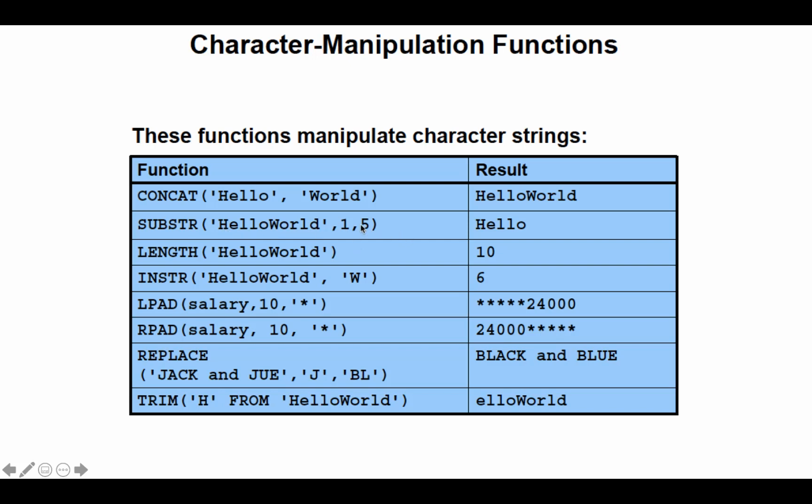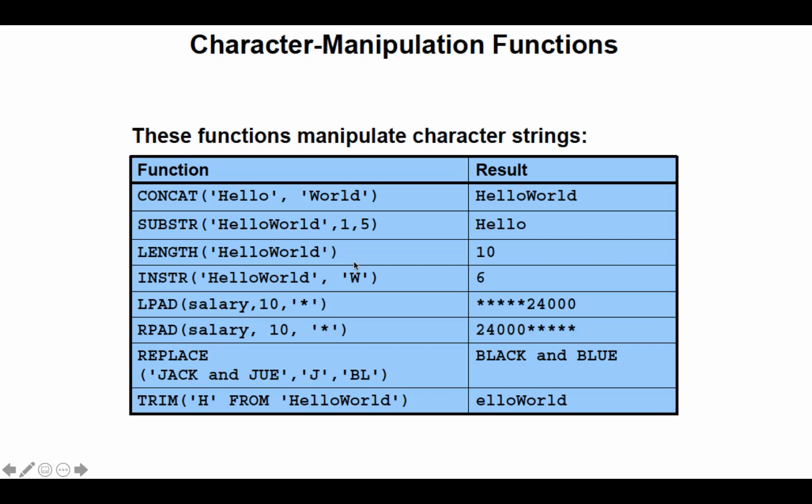It could have worked without specifying the length. I specified the length to be 5, but I could have only given the index at which to start the substring. If I don't specify the length of the substring, by default it will take till the end. So I specified that I want to start from index 1 and have 5 characters. So that would give me hello.